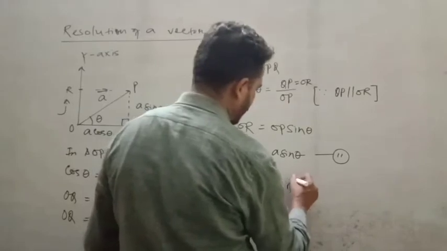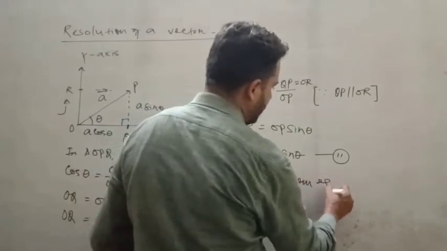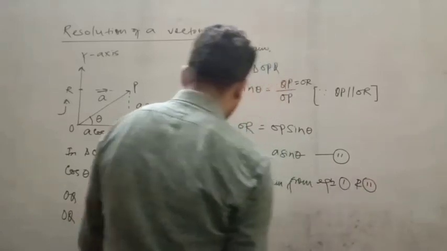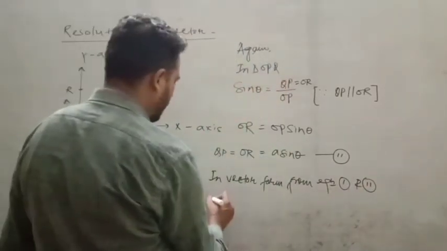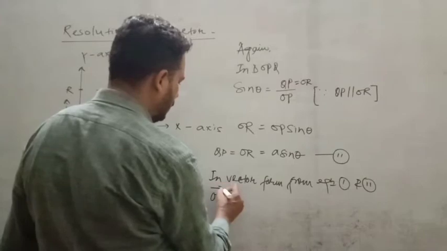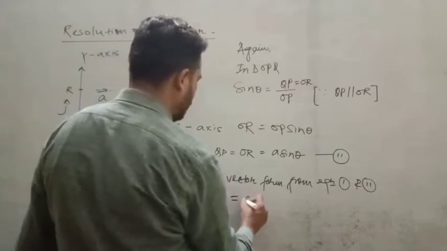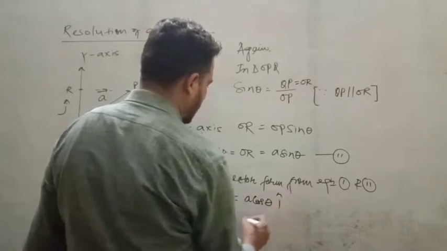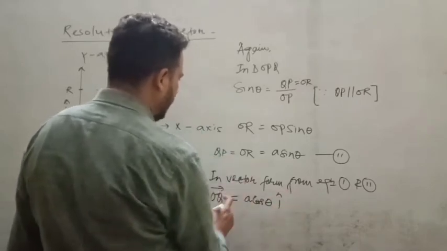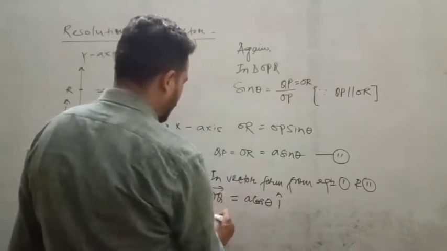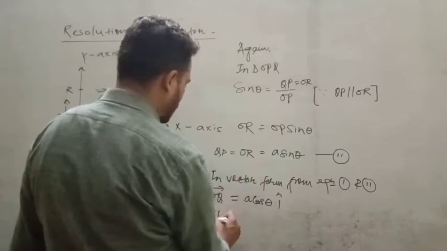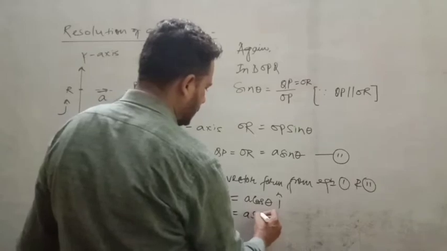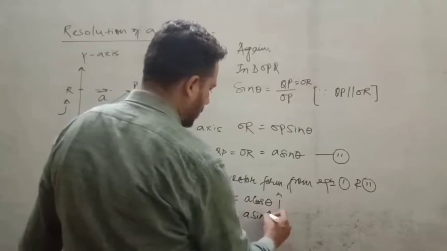from equation first and second, what you will see is that vector OQ is equal to A cos theta i, and from the second one, vector QP, or whatever OR, this one is called A sin theta j.